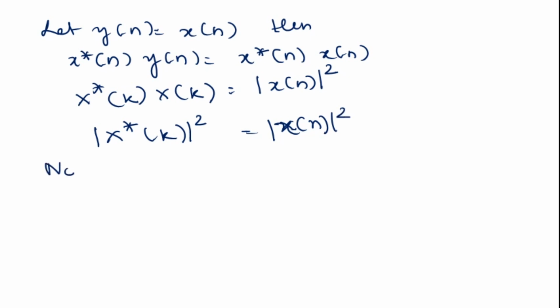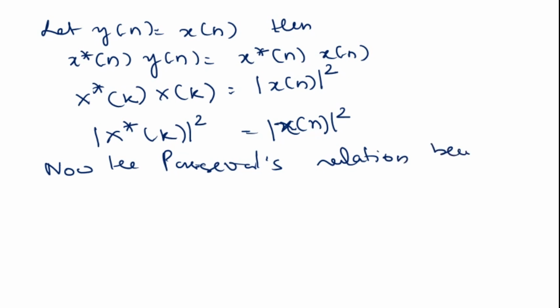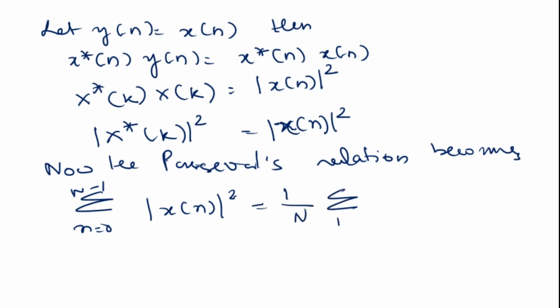Now the Parseval's relation becomes summation n is equal to 0 to N minus 1 mod of x of n whole square is equal to 1 by N summation k is equal to 0 to N minus 1 mod of X of k whole square.